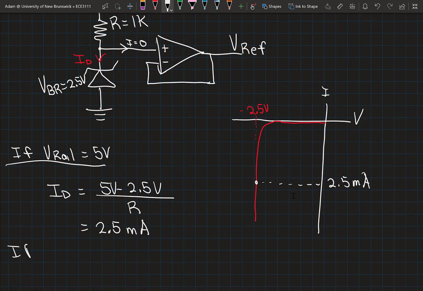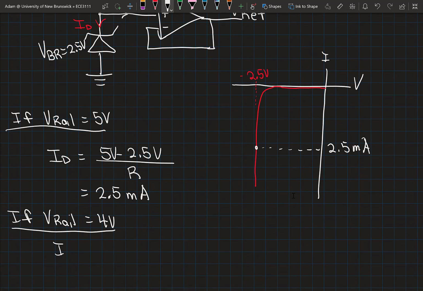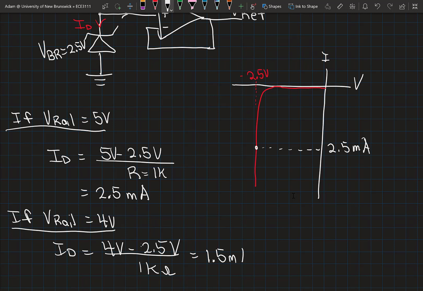If V rail drops to 4 volts, my diode current is impacted. Remember, this was 1K, and I now have a diode current of 1.5 milliamps.